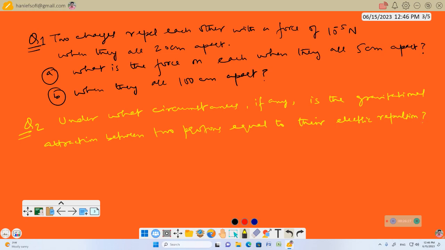This is the second question. Under what circumstances, if any, is the gravitational attraction between two protons equal to their electric repulsion? These two questions are your homework. Do them at home.